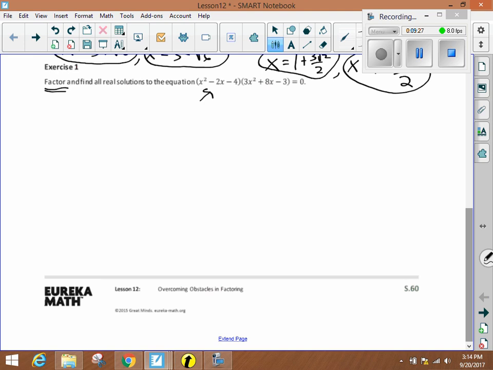Are there 2 numbers such that if I multiply them, I get -4, and I add them, I get -2? No. No such numbers exist. So, well, again, if the coefficient of x squared is 1, I would much rather complete the square.